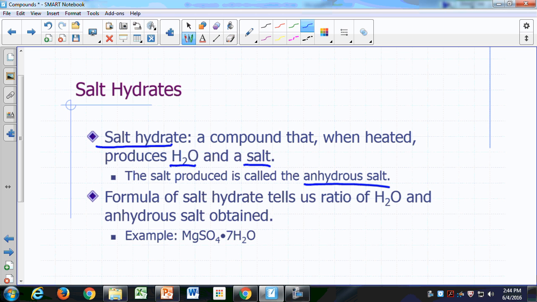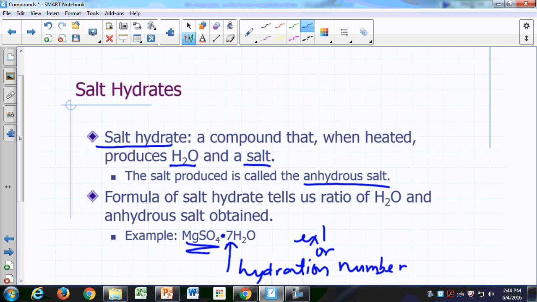So the formula of a salt hydrate is usually written in a unique way. You write the formula of the anhydrous salt, and then you put a dot centered vertically, and then you put a number. That number is known as the hydration number, or the extent of hydration.